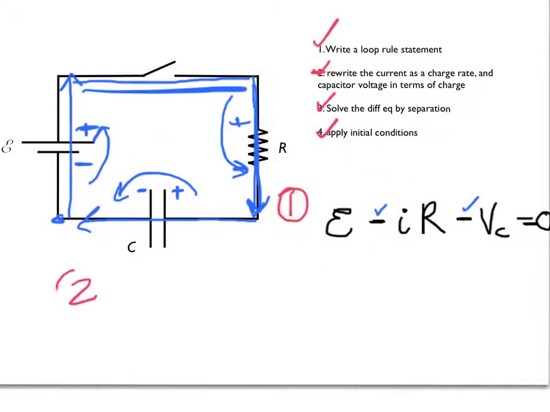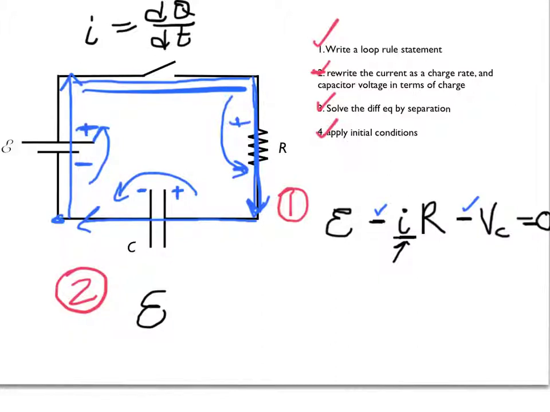Step 2. We're going to rewrite this statement, and it's going to look like this. We get the battery potential, and then this is the important thing to recognize. That current right there, our definition of current is the rate at which charge flows, the number of coulombs per second that are moving.